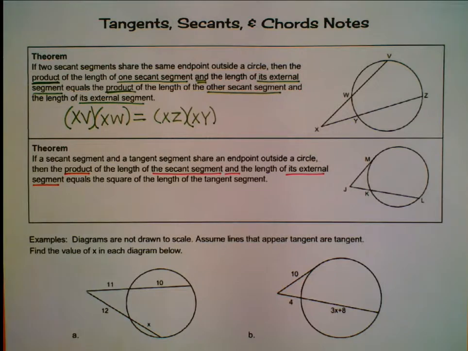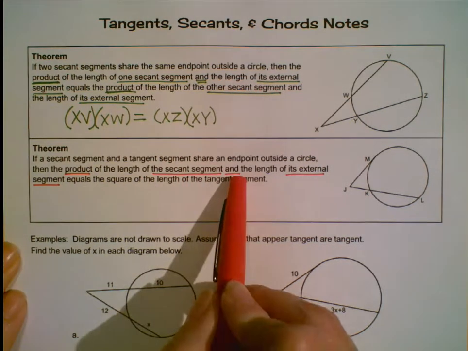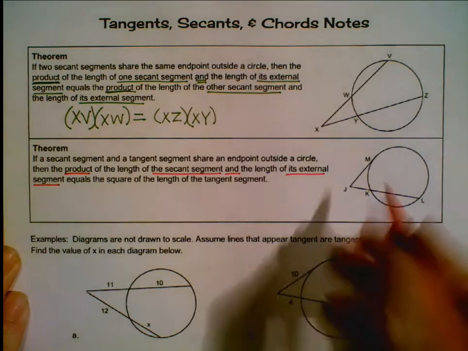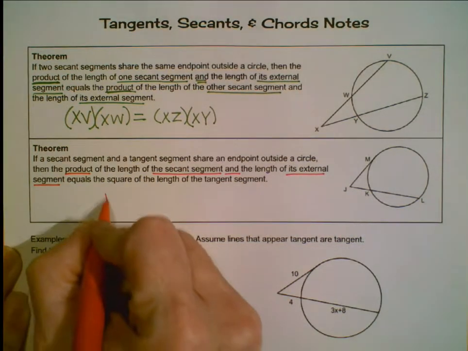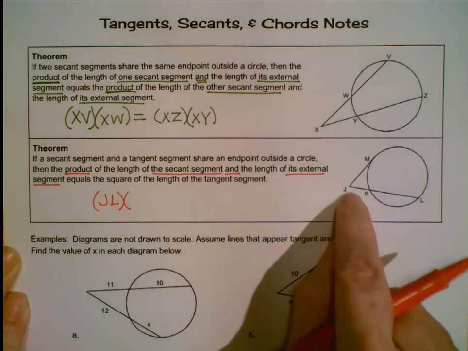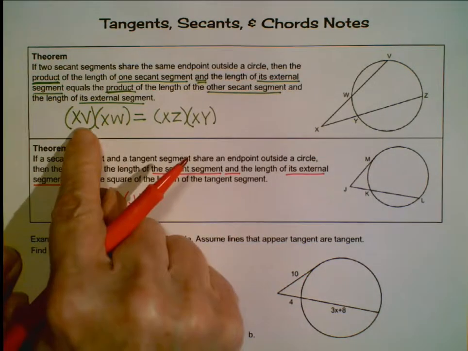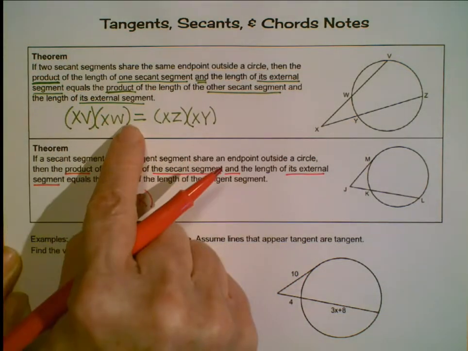So let's deal with this secant first. We take the secant segment, the whole thing, times the length of its external. So the whole thing from J to L, that length times its external part, JK. Just like what we did up above. The whole thing times the outside part.